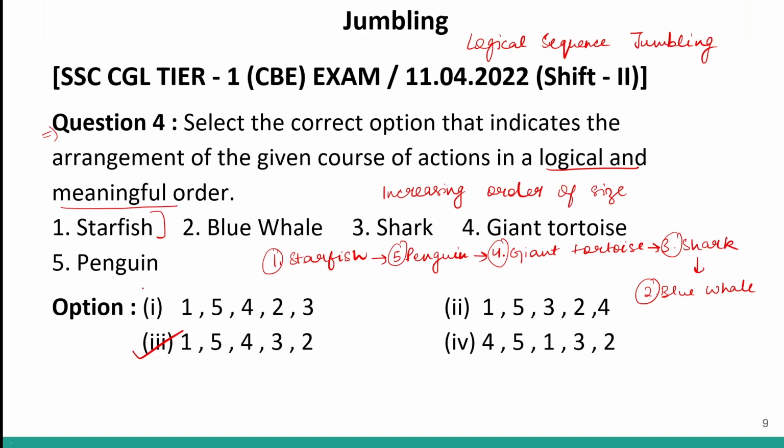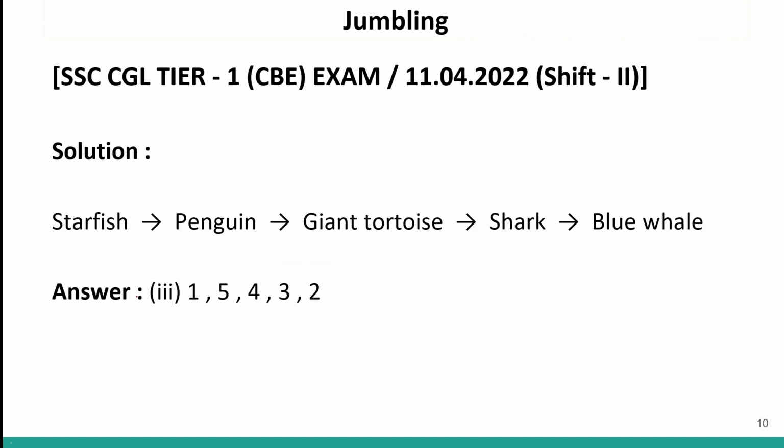So over here, if we go by the order of their size, we get this logical form, right? So answer number 3 is the correct answer. Starfish, then penguin, then giant tortoise, then shark, and then blue whale. This is increasing in size. So this is the logical sequence. Clear?